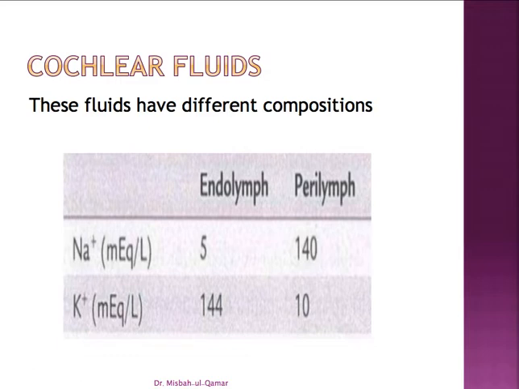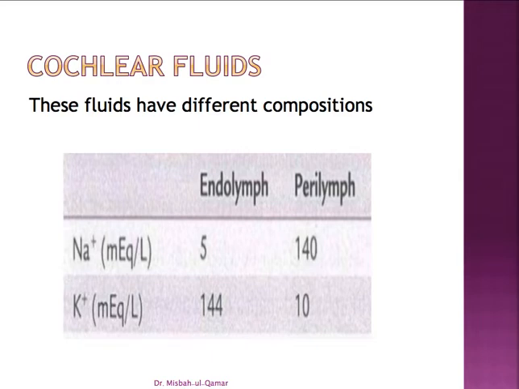Now, I give you a very important difference between perilymph and endolymph. The perilymph has a potential, or voltage, of 0 millivolts, while the potential of the endolymph is around plus 80 millivolts.